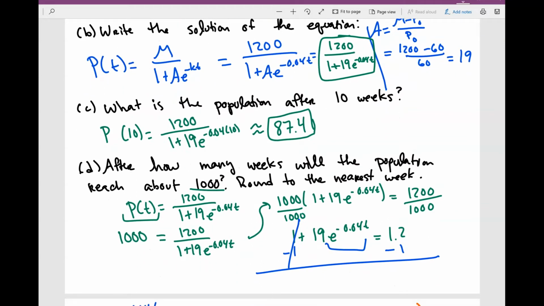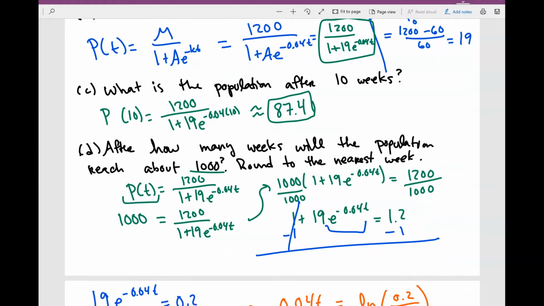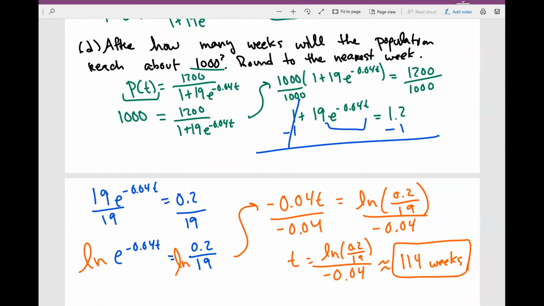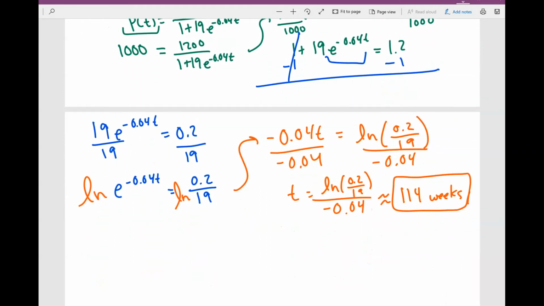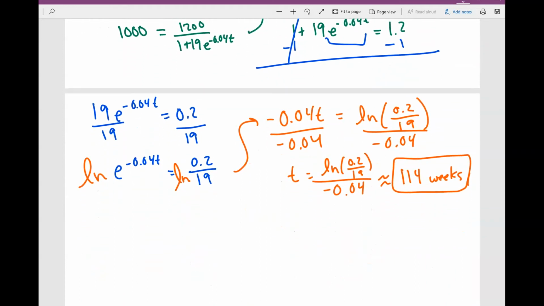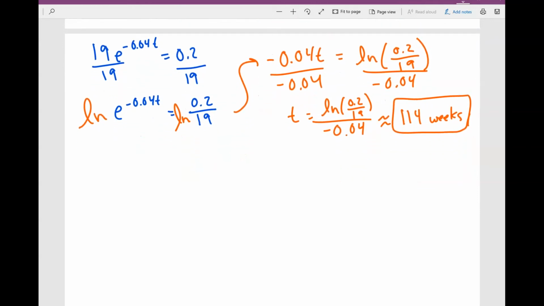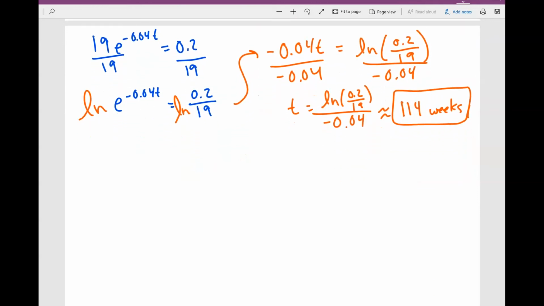If you still feel a little bit lost with the algebra, please make sure that you review exponentials with logs. It's somewhere in your brain. You just have to practice it. In the next video, we're going to do one more logistic equation that's a little bit more involved, and you have to do a little more algebra before you get to the other problems.